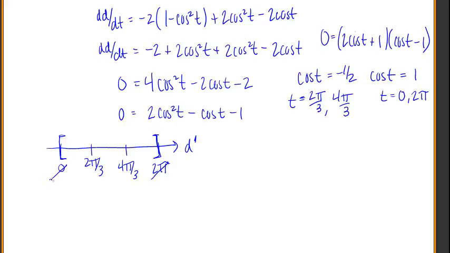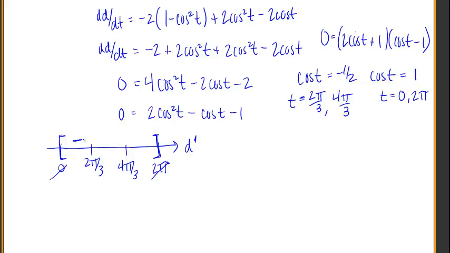What we're trying to find is the maximum distance, is that right? Let me check. Yeah, the maximum distance. So we want to find a max value. All we have to do is test around these two points. Anything to the left of 2 pi over 3, something simple would be pi over 2, because pi over 2 causes all the cosines to go away, and you just get negative 1, so it's negative there.